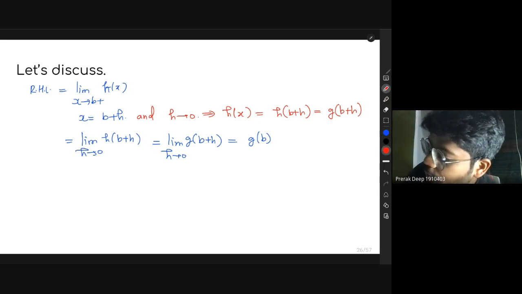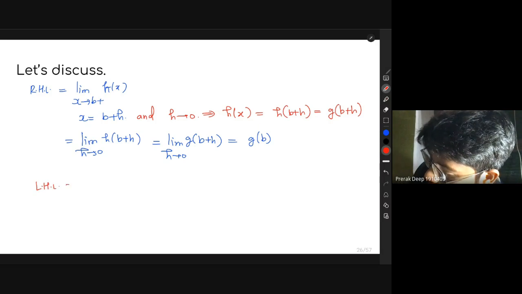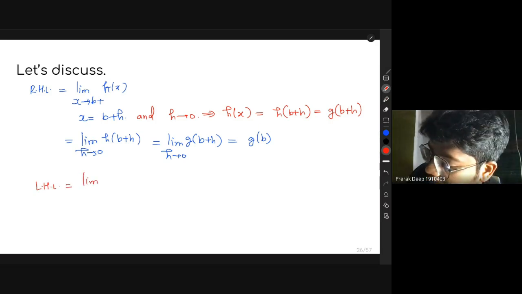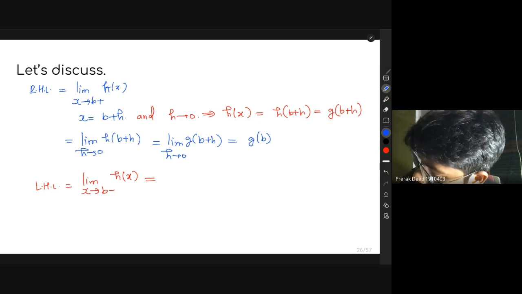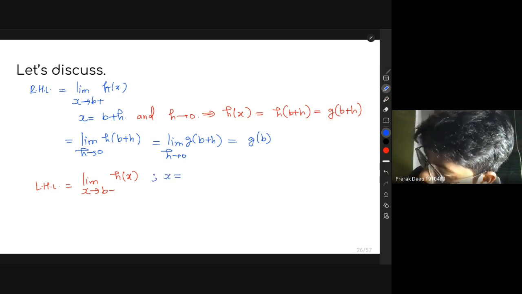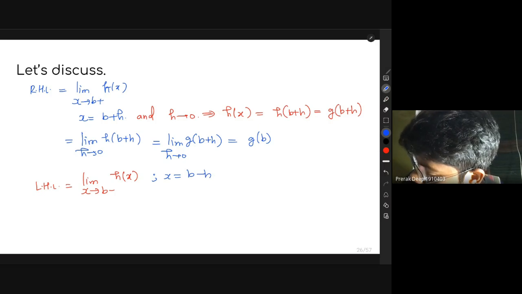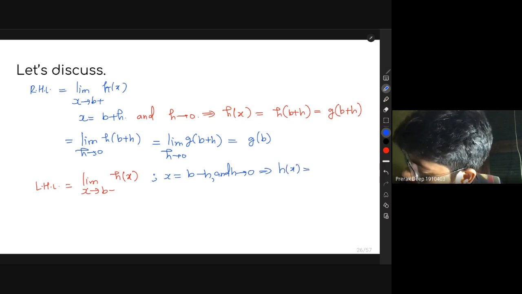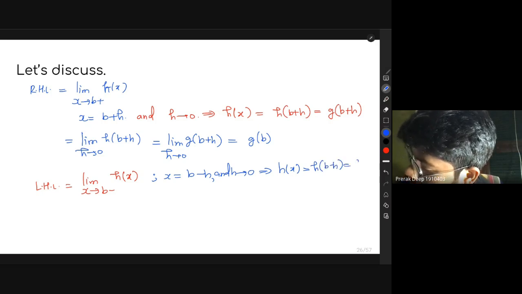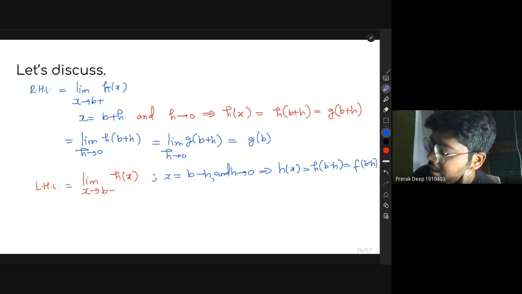Correct? Now similarly, what about the LHL, the limit when we approach b from the left-hand side? Again, in this case, notice that x is nothing but b minus h, and h is approaching 0, implying h(x) to be equal to h of b minus h, making it f of b minus h.